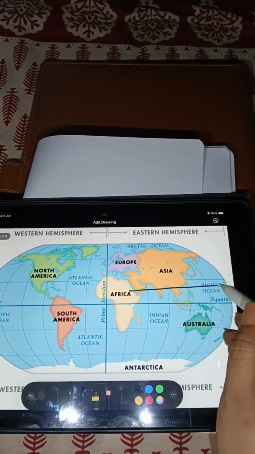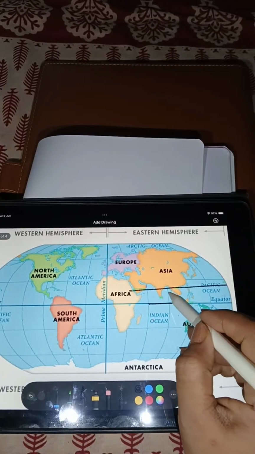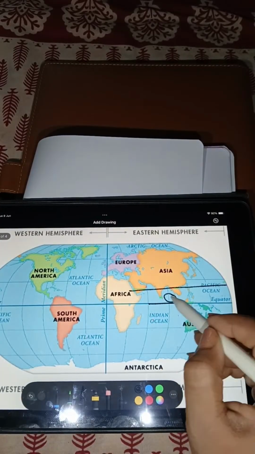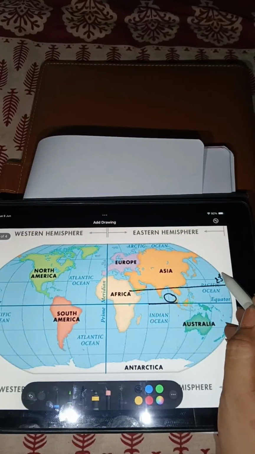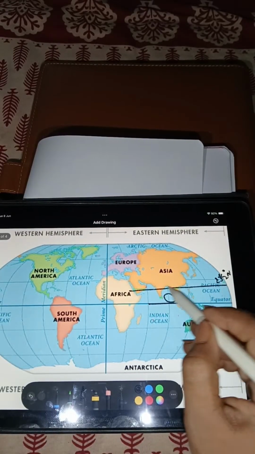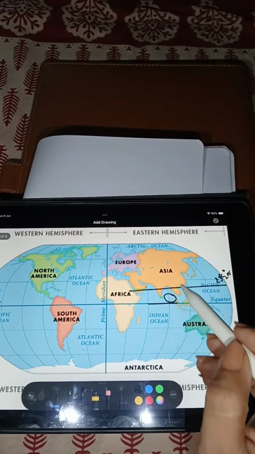The Tropic of Cancer is at 23.5 degrees north, which almost crosses through the middle of the country.